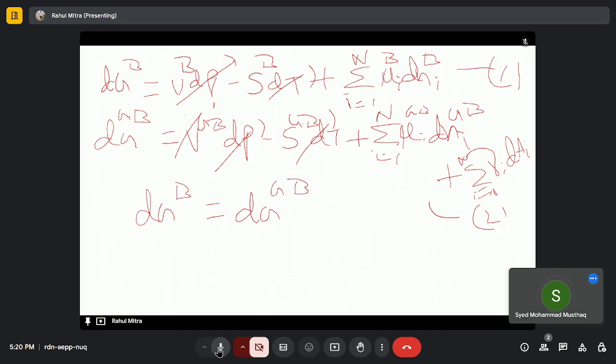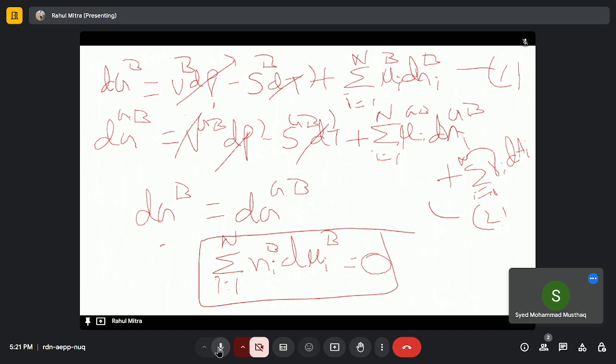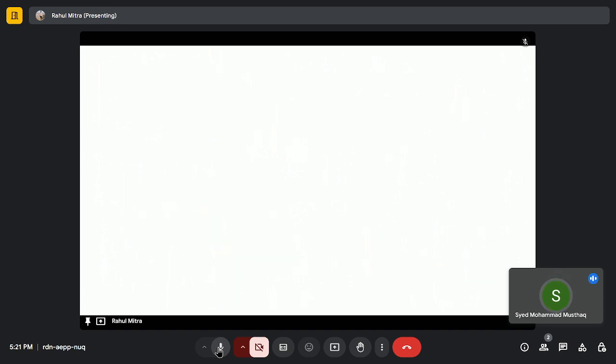For the grain, the Gibbs-Duhem equation results in the sum over i from 1 to n of n_i bulk d mu_i bulk equals 0. This is for 1.